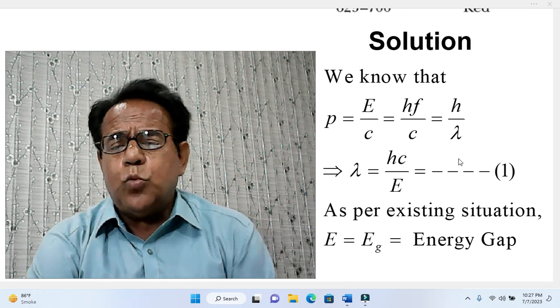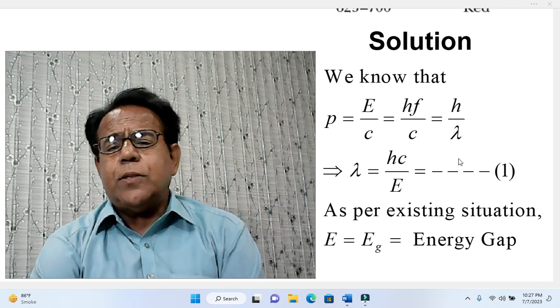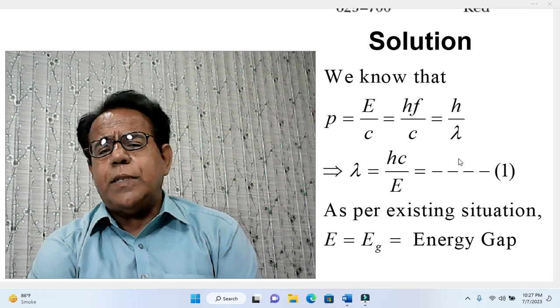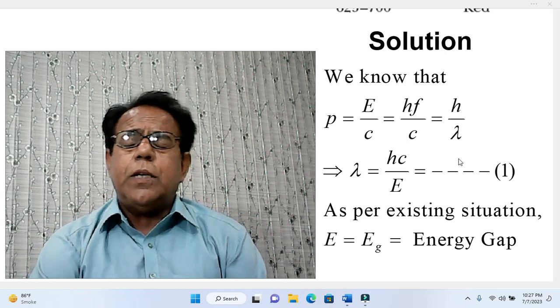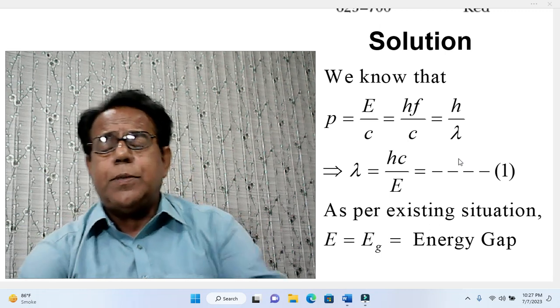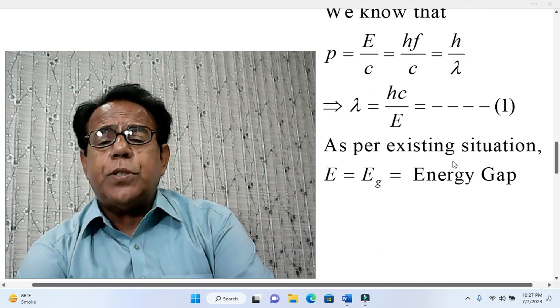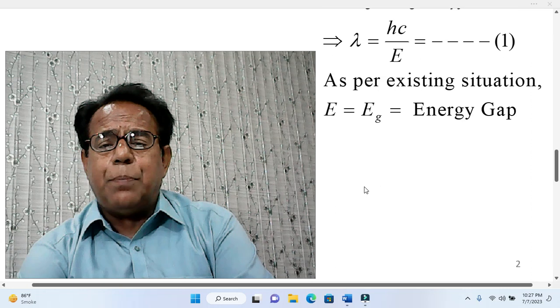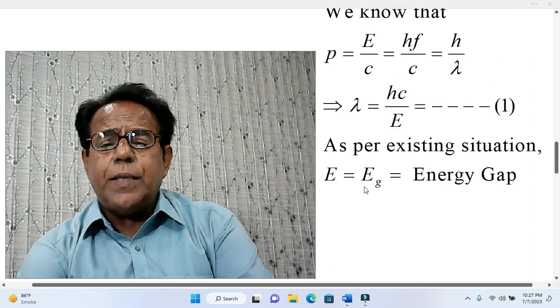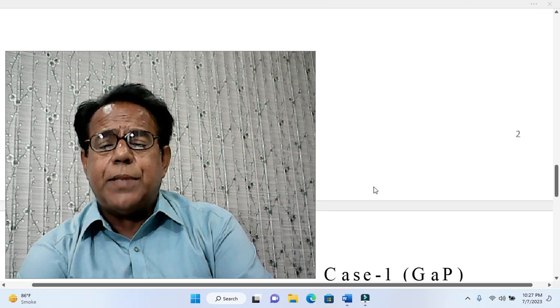That is, momentum equals E over c, energy of photon divided by speed of light, is equal to hf over c, where f is the frequency and h is Planck's constant, is equal to h over lambda, that is wavelength, and this alternatively becomes lambda equal to hc over E. As per the existing situation here, this E is equal to Eg, the energy gap. So E and Eg, where g is written as a subscript of E, that is energy gap, are both one and the same thing.